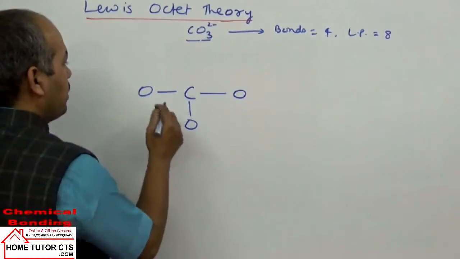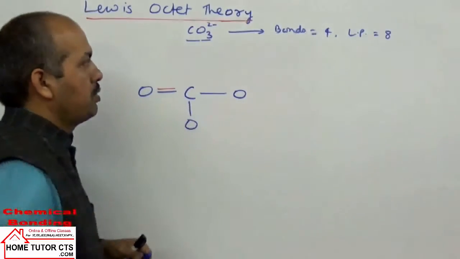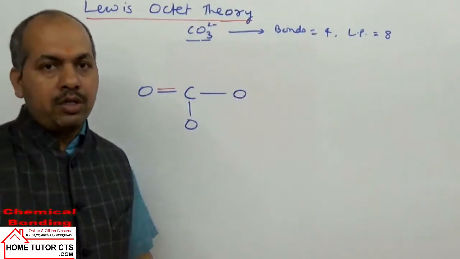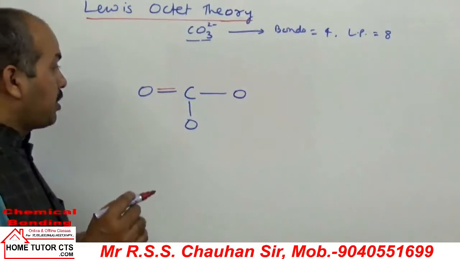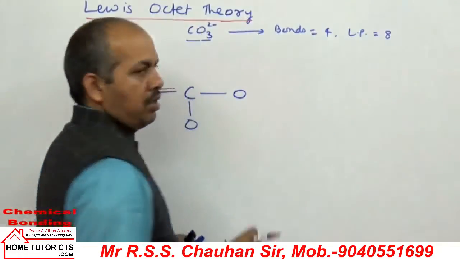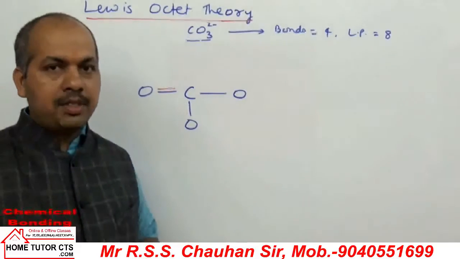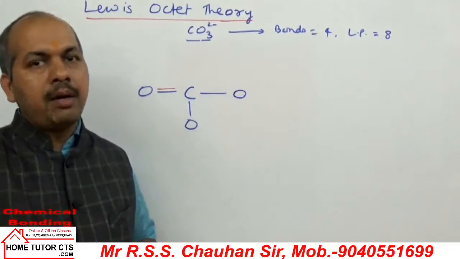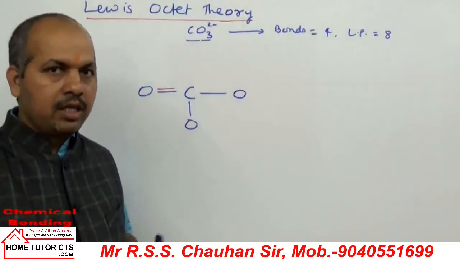You can write 1 bond as a double bond and the remaining 2 as single bonds, because your total bonds are 4. So 1 you make a double bond and 2 single bonds. Now after drawing this, on the atoms you place lone pairs. By observation you can place lone pairs on different atoms so that atoms can have a complete octet.